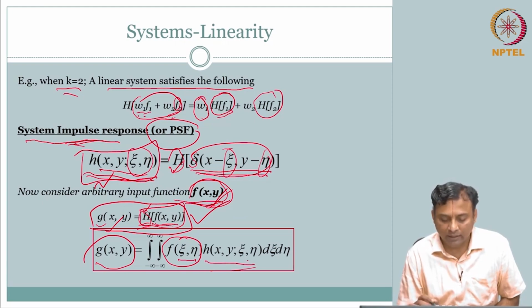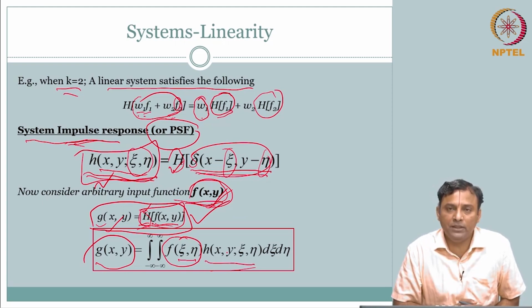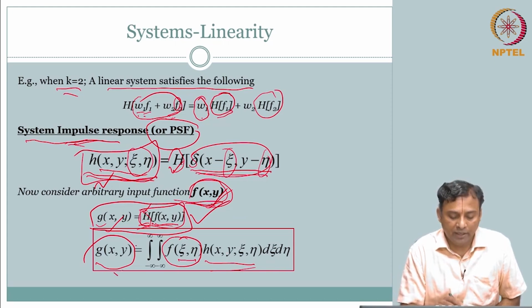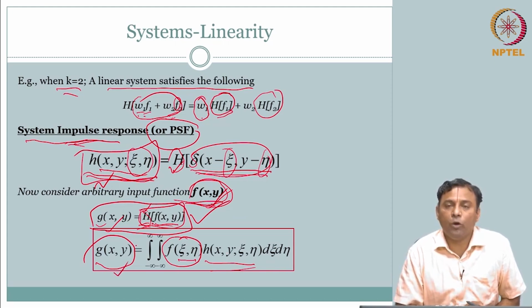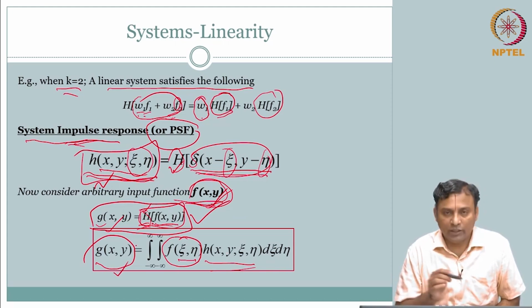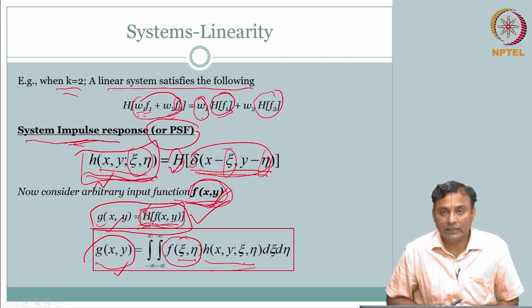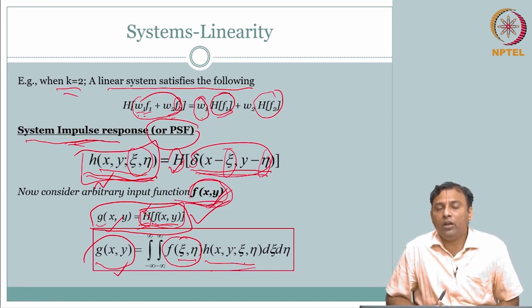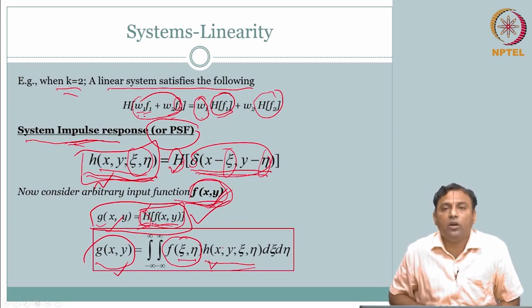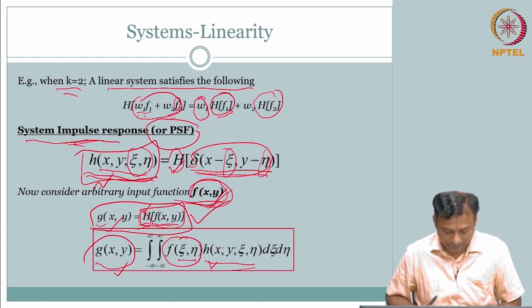If I know this, in other words, if I know the system impulse response, then I could generate or predict any output. That is good, but what is not so good is that in order to evaluate this double integral, you have to know everything about this h, which may or may not be possible all the time. At least knowing h in all 4 dimensions may not be possible all the time.